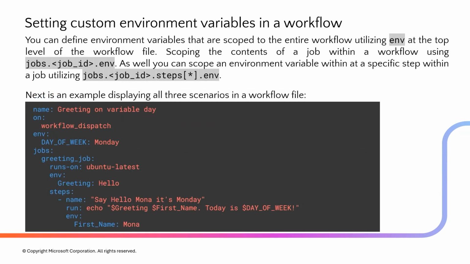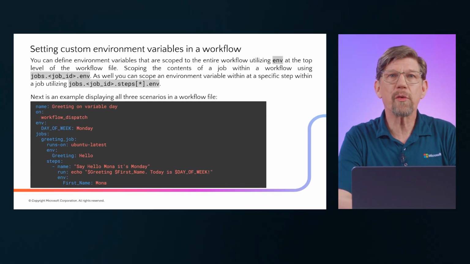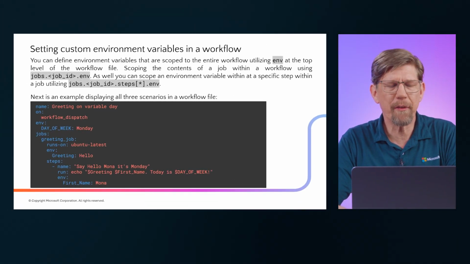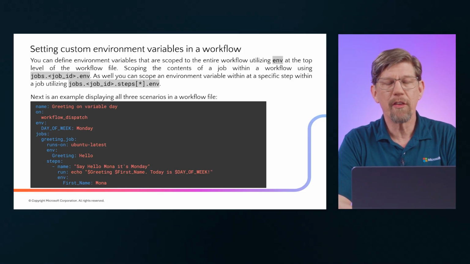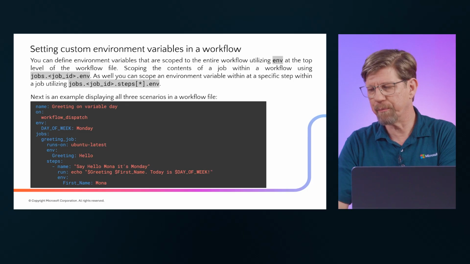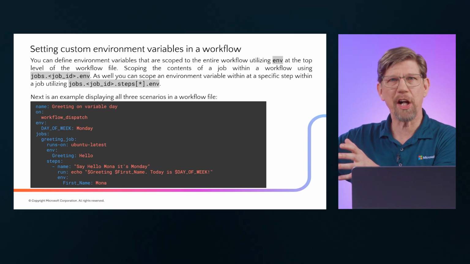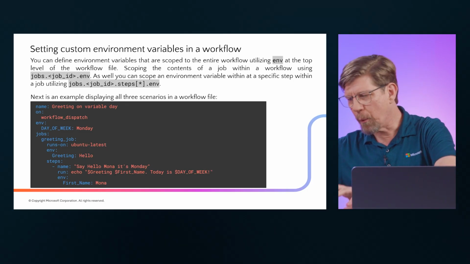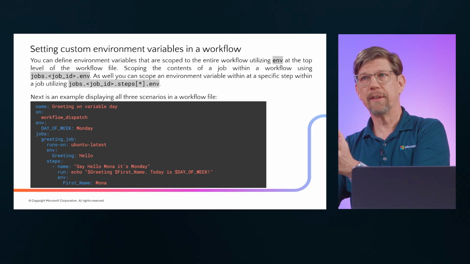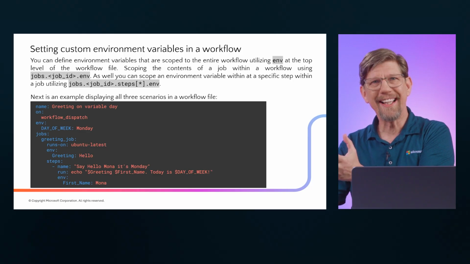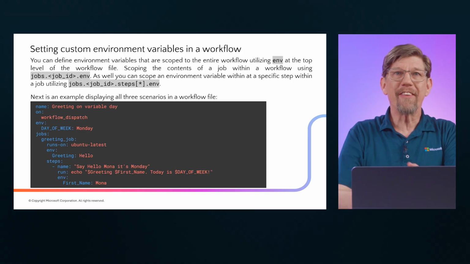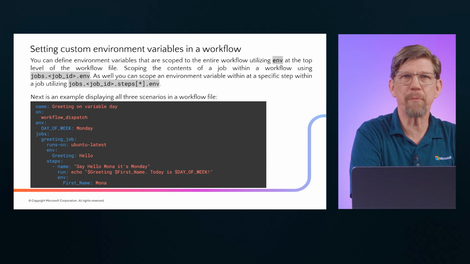In addition to the built-in variables, you also have the ability to create your own. And the way that we build those is through what we're calling environment variables. Those of you who have run applications on a system know that you can often set environment variables on that system. When the application runs, it then reads those variables. That's often a way to pass input into systems. The GitHub runners do that same thing.